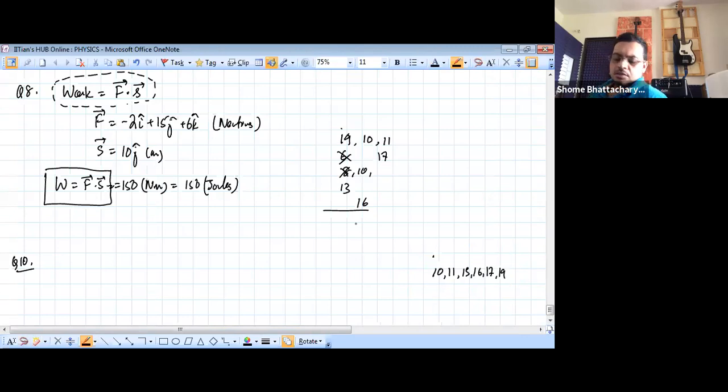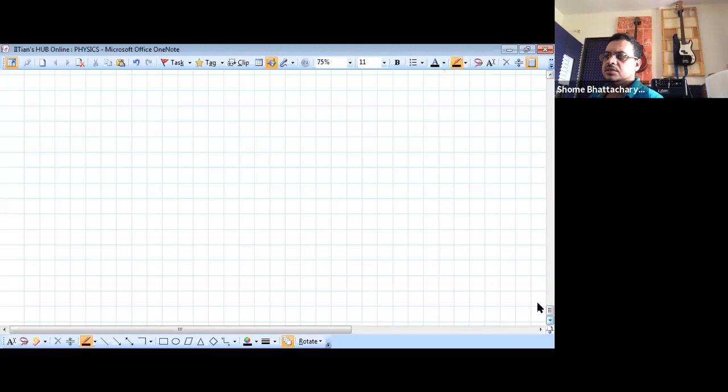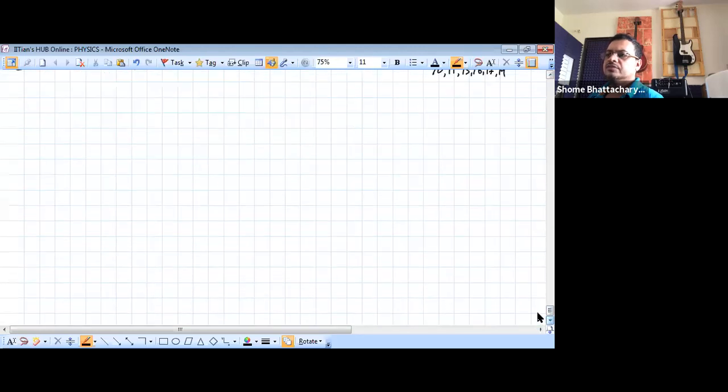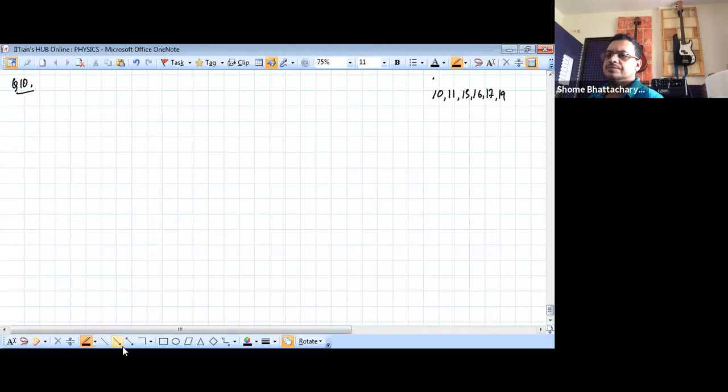Right, so let's move on with it. Question number 10. It says a vector A points vertically downwards and B points towards the east. Then what is the cross product of A cross B? Okay, so this is very simple. What we can do here is, suppose we define our XY plane as north, south, east, west.